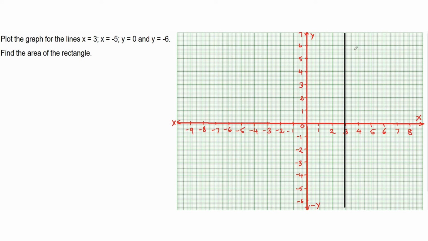So let us write the equation of the line on this line. So this is x equals 3. Then x equals -5 is again going to be a line which is parallel to the y-axis. So this is x equals -5.